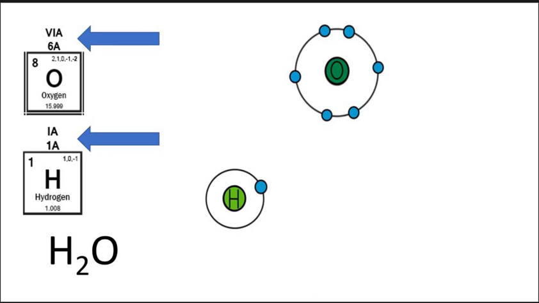Now, this little 2 right there means, remember, that there are 2 hydrogens. So you're going to need to make the scenario where you have 1 more for each, so you have a total of 2. So these are the parts you're going to be playing with: 1 oxygen that needs 2 electrons, and 2 hydrogens which each need 1 more.